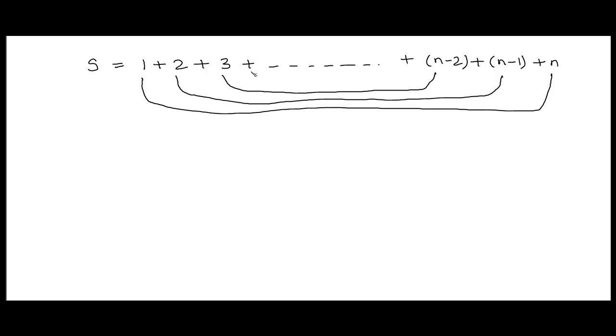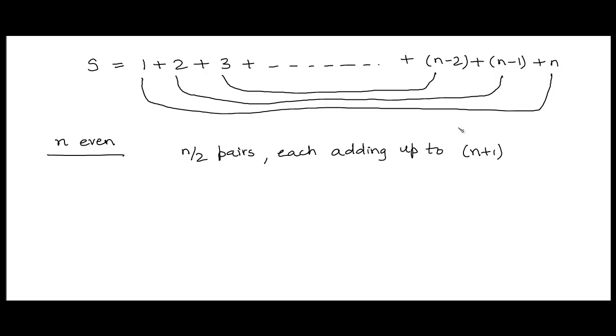Well, we need to distinguish between two cases here. If n is even, then it's pretty easy to see that there would be n by 2 pairs of numbers, each pair adding up to n plus 1. So 1 plus n is n plus 1, 2 plus n minus 1 is n plus 1.